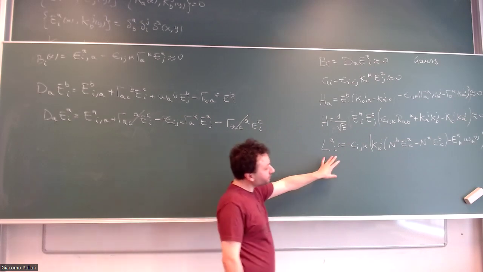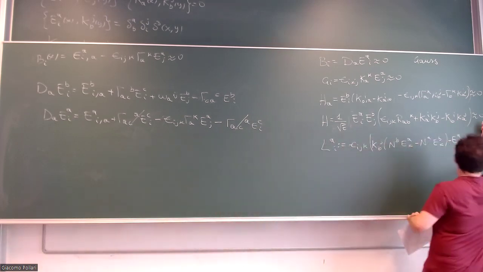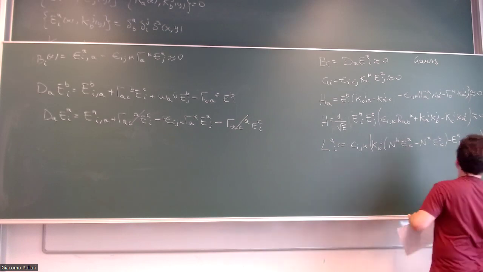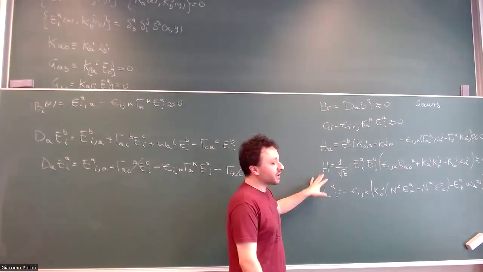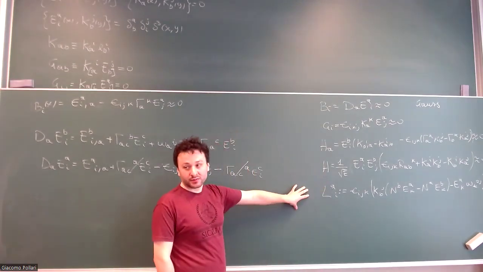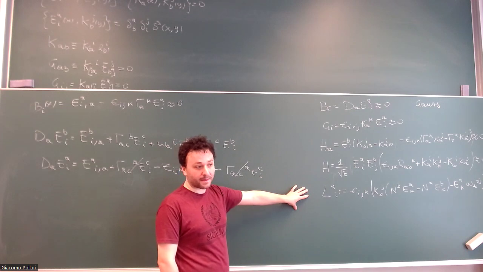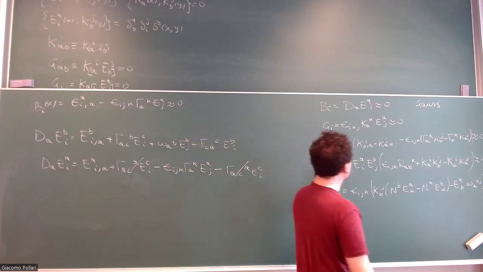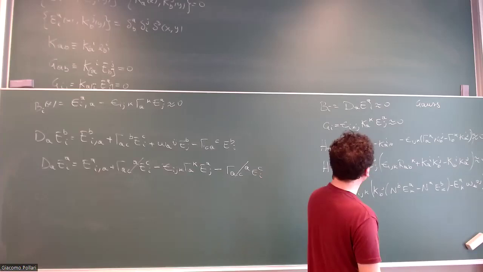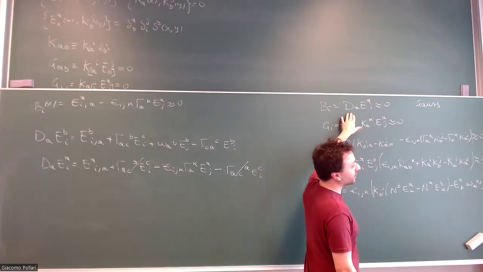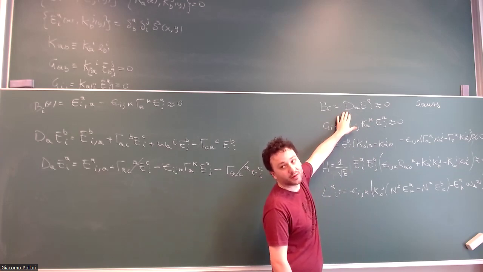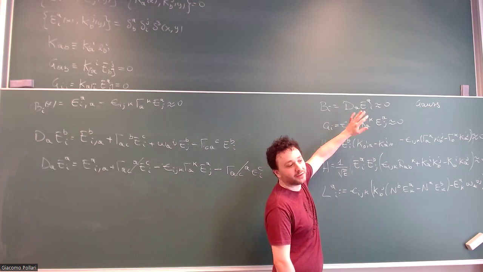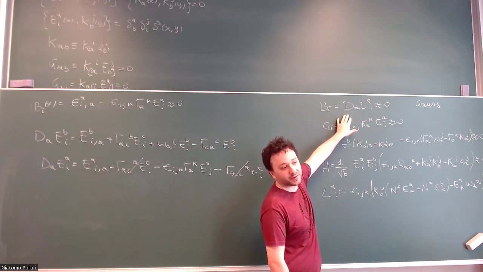So when we evaluate this to be equal to zero, from this we see that the connection has to be Levi-Civita. Why? First of all, here it doesn't matter if it is Levi-Civita or not, because that cancels out, as we have seen.